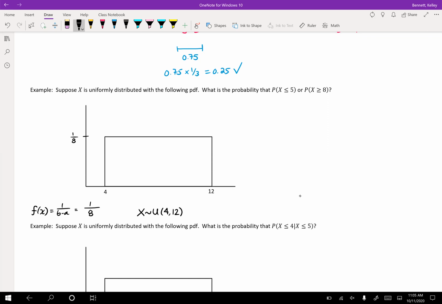So now I want to figure out what is the probability that X is less than or equal to 5 or that it's greater than or equal to 8. So here's 5. And let's see, maybe I'll color code this a little bit.